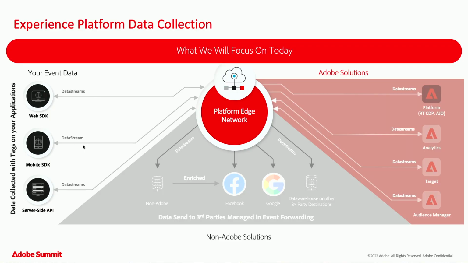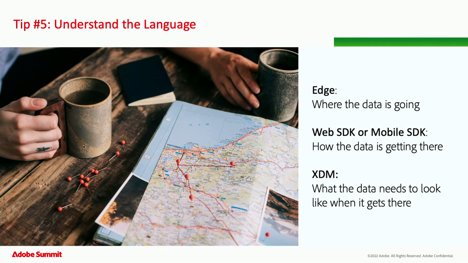So let's do a little high level. Edge is where you're sending the data. That's where everything happens. That's, like I said, the core of where things are going to be going. Web SDK, mobile, and server-side APIs that Jim mentioned, that's how you're getting that data there. So any data that's going to the Edge network needs to be structured and formatted via the Web SDK.